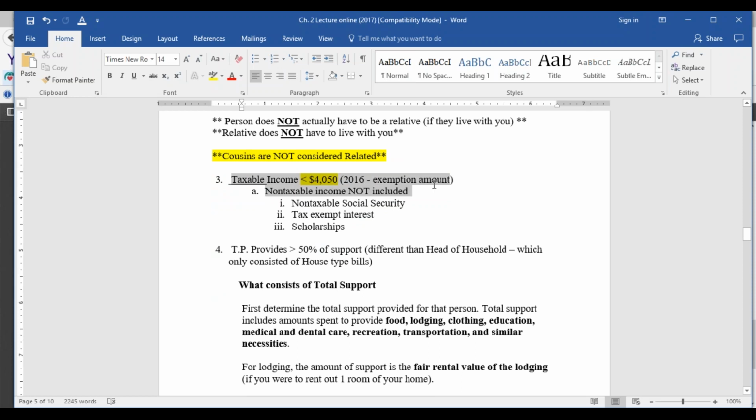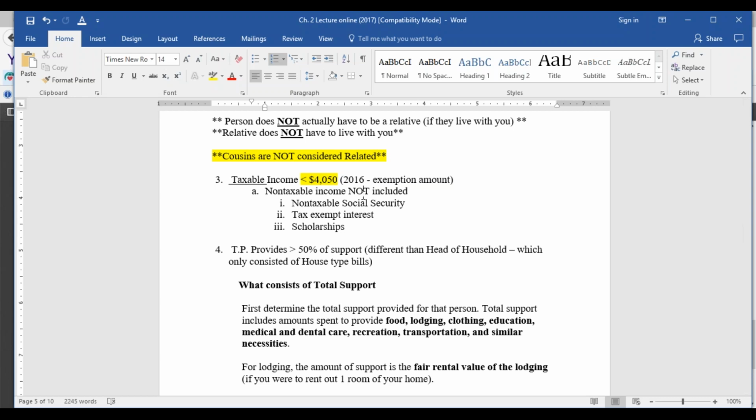Probably the biggest stumbling block to claiming somebody as a qualifying relative is how much money they earned last year. If they earned more than $4,050, which is the exemption amount, then you can't claim them. Notice there was no such requirement for a qualifying child.